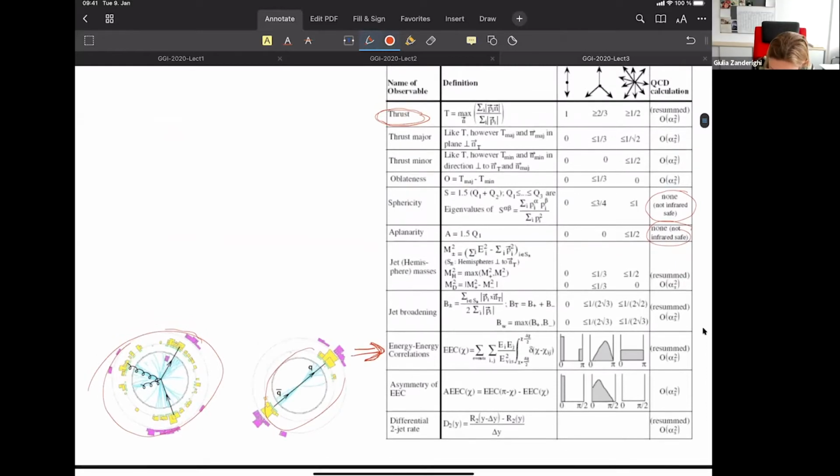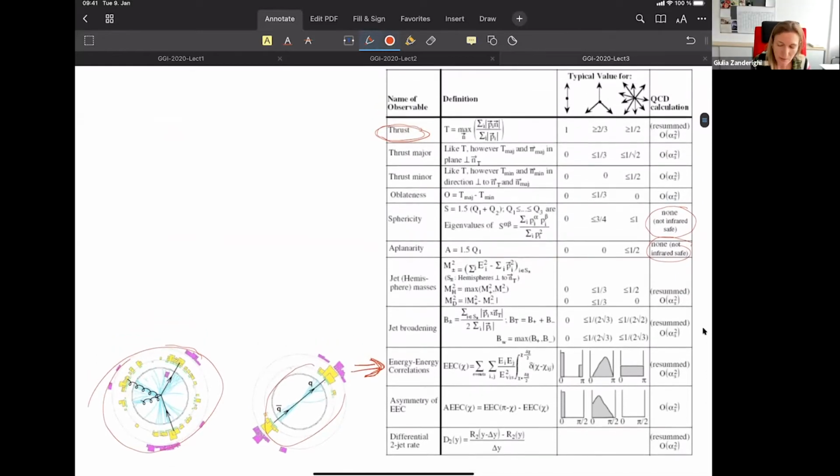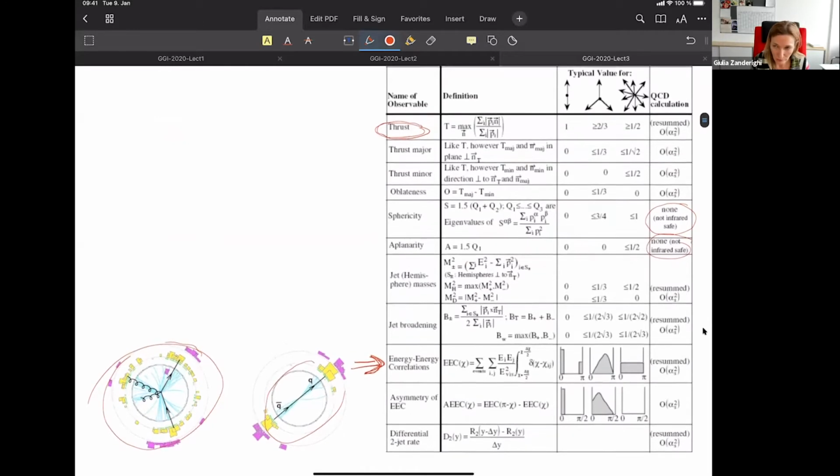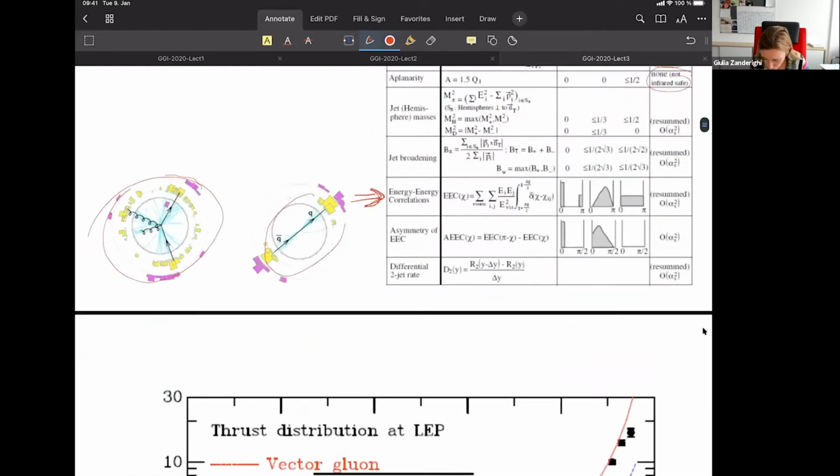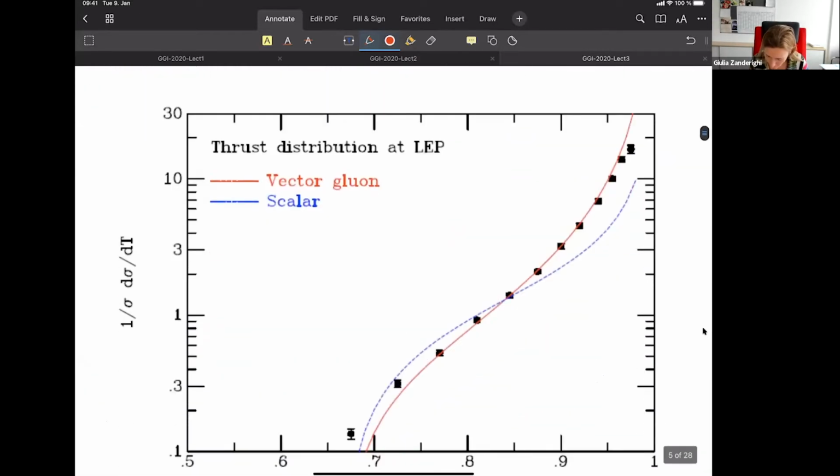Okay, so what does this really mean? I have to say this is not a very new table, but it tells you at what order this observable has been calculated in QCD. So you see this has been, for instance, calculated at order alpha s squared. This is what we call next to leading order, alpha s squared, so a two-loop correction. In this case, you see there is resummed, which means that, as I told you, in this region, this is the thrust.